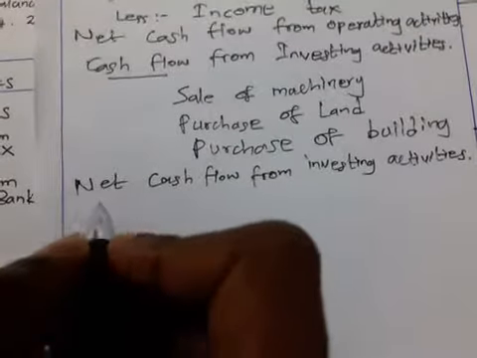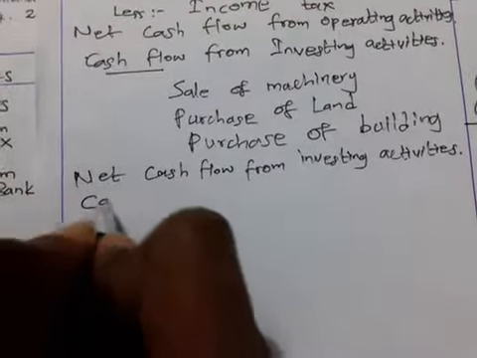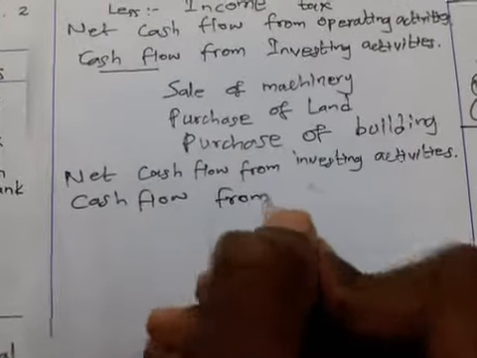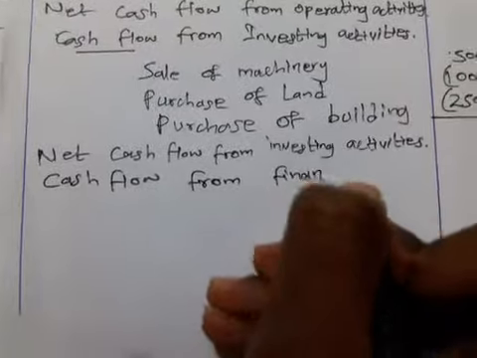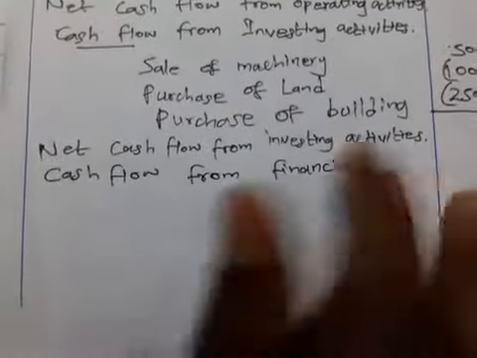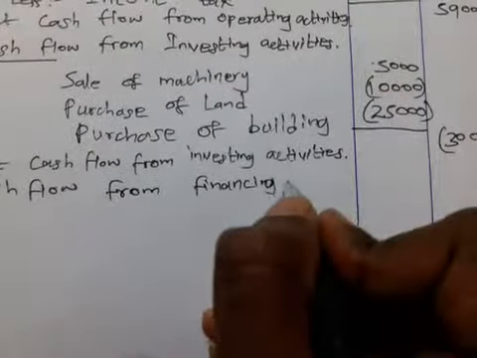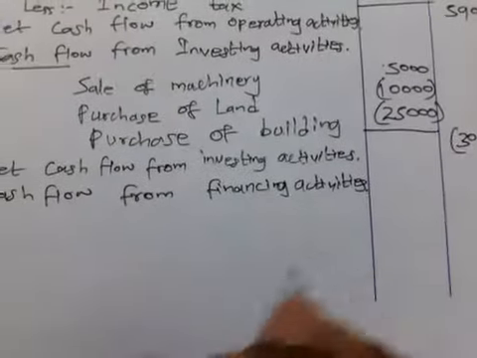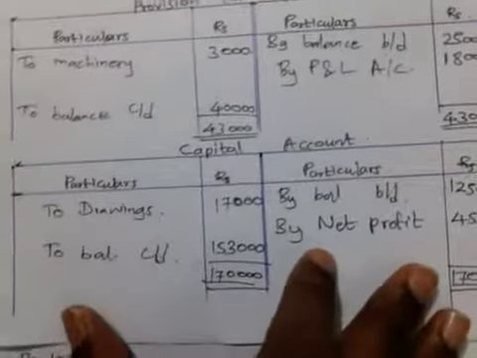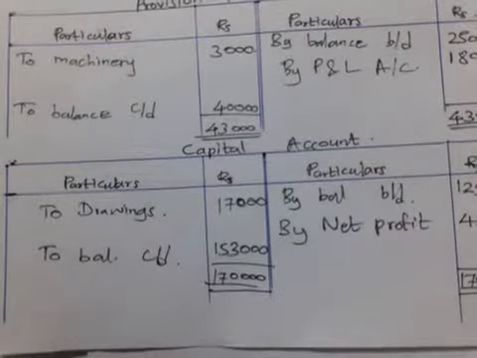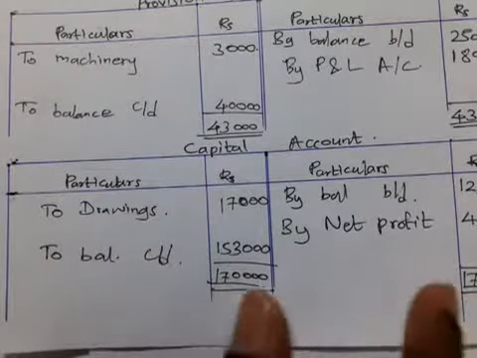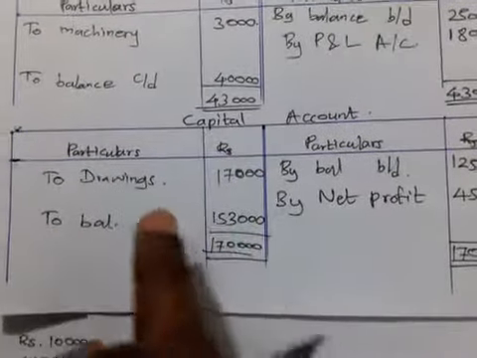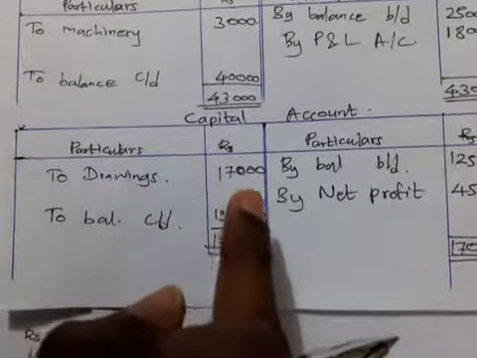the cash flow from financing activities. In the financing activities, we have to check if there is any additional information regarding the financing activities. First, in capital there is drawings of 17,000 cash drawings.